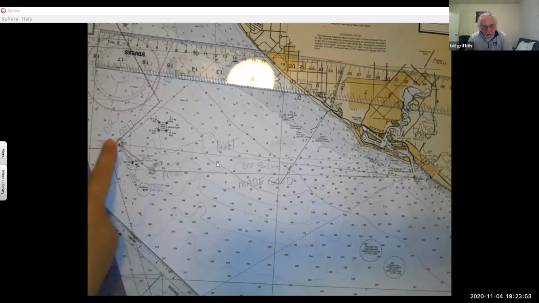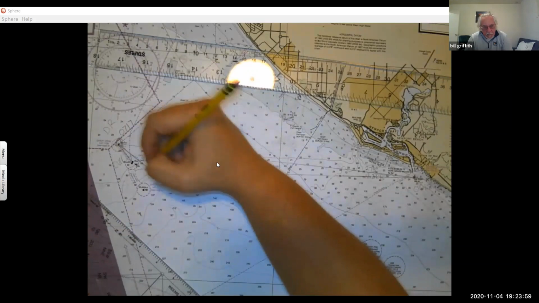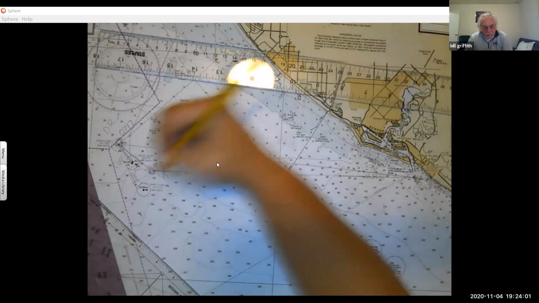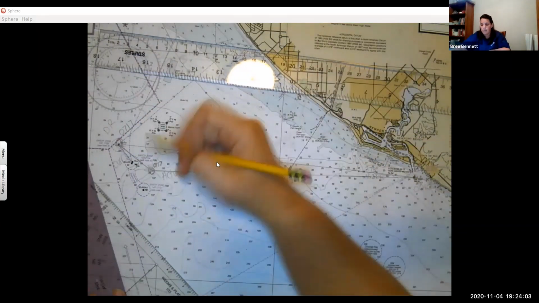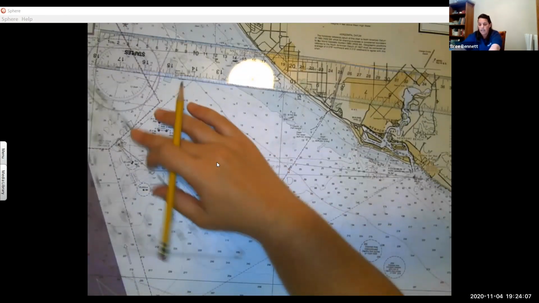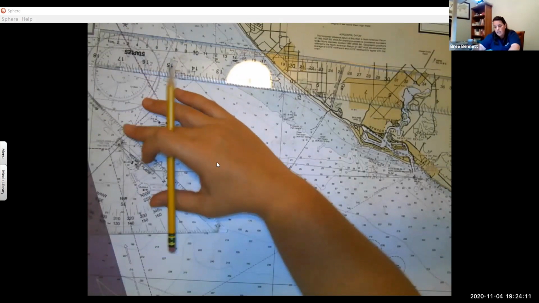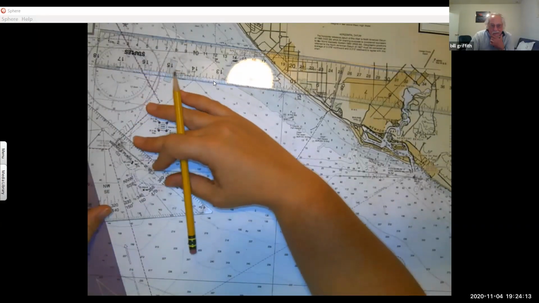Southeast, right? It pushed us southeast. So I know my current value is going to be somewhere between 090 and, sorry, I have to move this, 180.